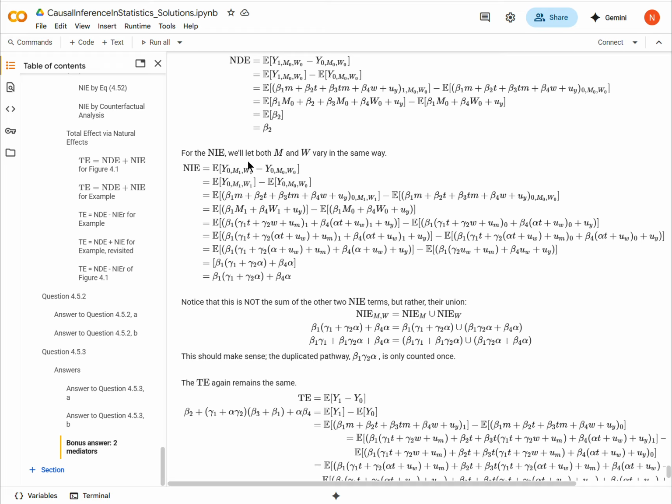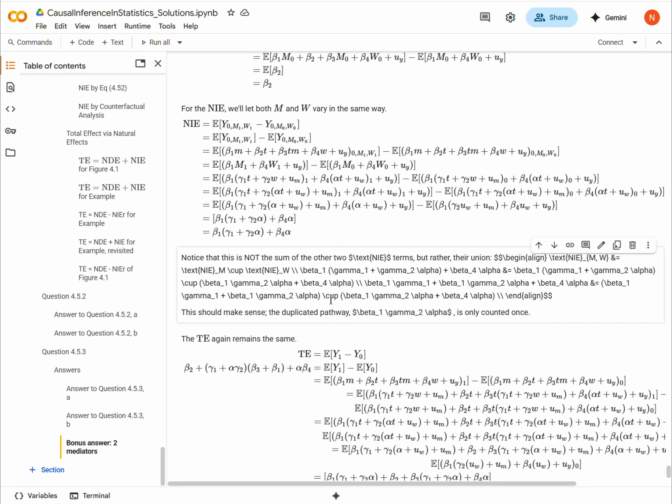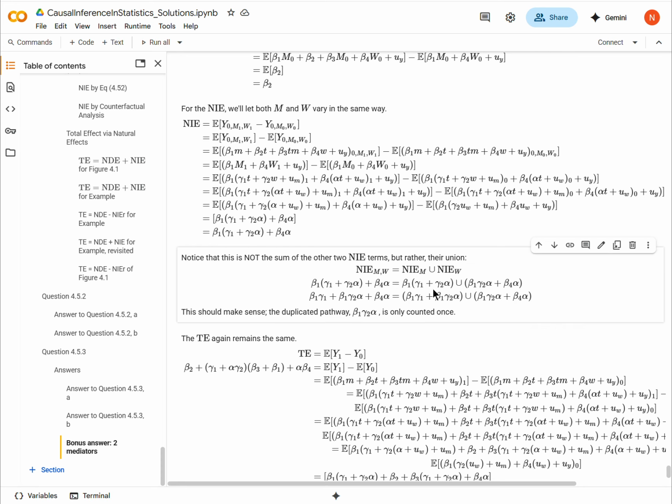Okay, and so when you go through and calculate this, the NIE comes out to this, and in fact, what we get is that value right there, okay, equals in fact the union of the two other natural indirect effects.